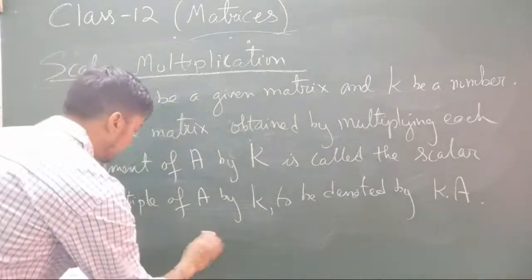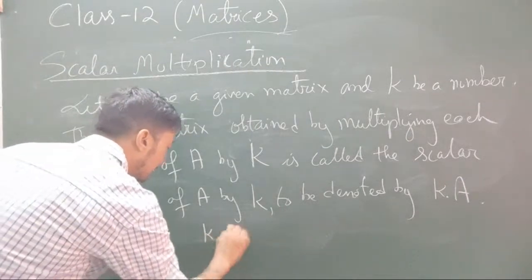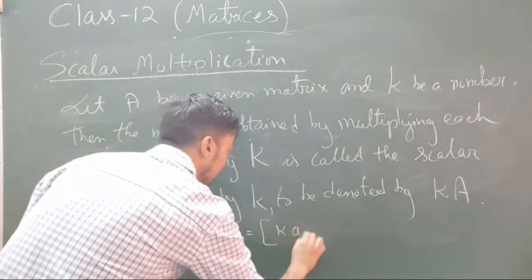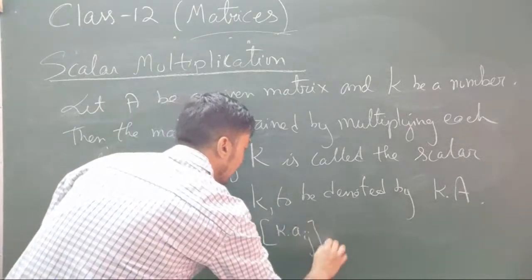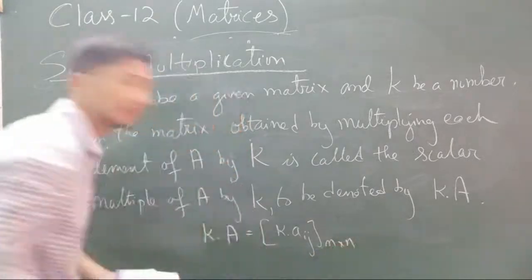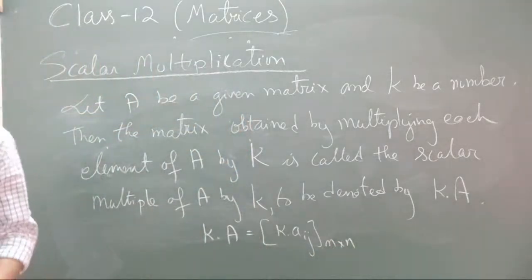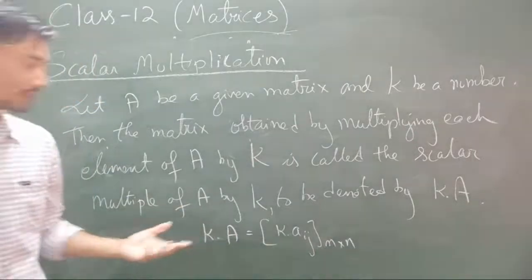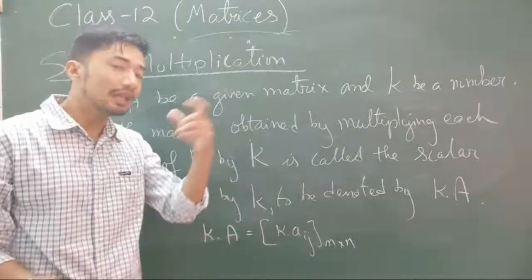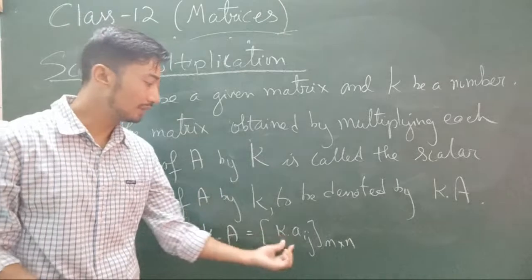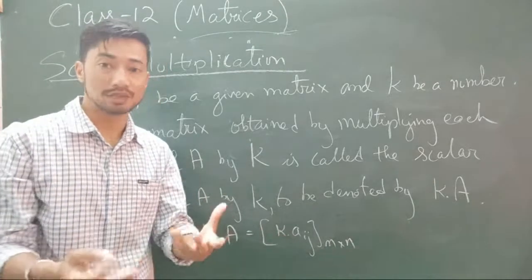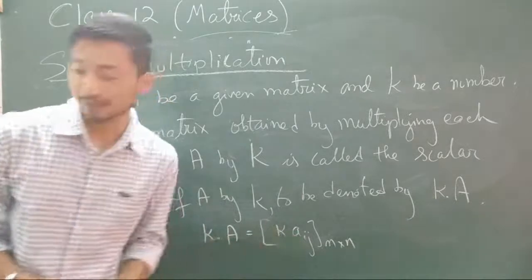So K times A will also represent K into Aij, M by N. The order doesn't get affected, but when you multiply a matrix with a scalar, each and every element of the resultant matrix gets multiplied by the scalar, that number. That's what we will have.